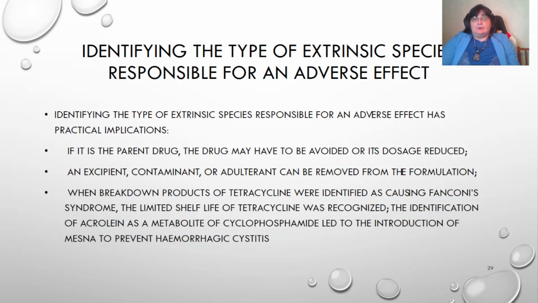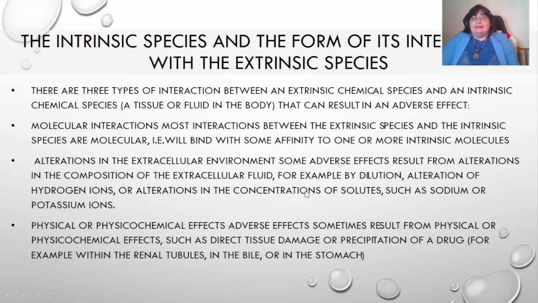When breakdown products of tetracycline were identified as a cause of Fanconi syndrome, the limited shelf life of tetracycline was recognized. The identification of acrolein as a metabolite of cyclophosphamide led to the introduction of mesna to prevent hemorrhagic cystitis.